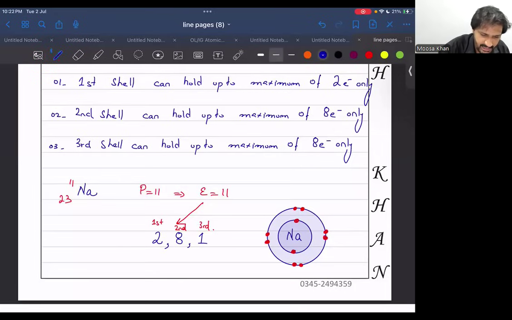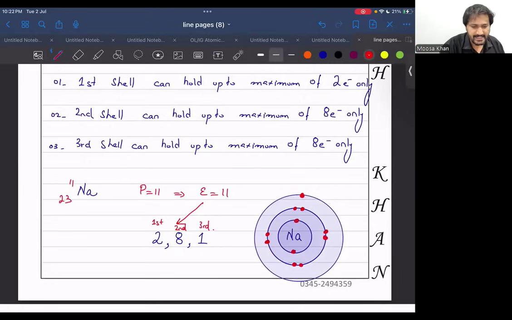Now coming towards the third shell, it only has 1 electron. एक electron हमने यहाँ बना दिया, right? So this basically is the electronic configuration of the sodium atom, or sometimes it is also known as electronic structure.